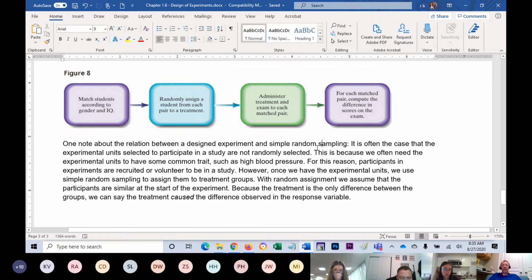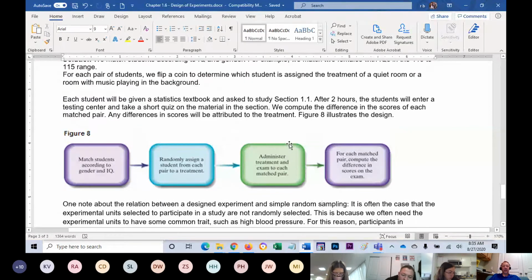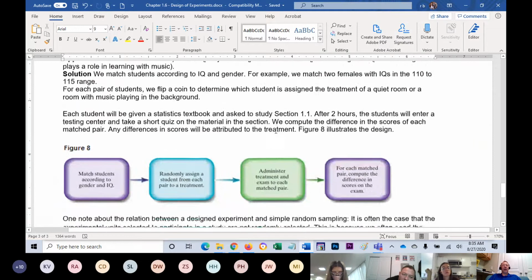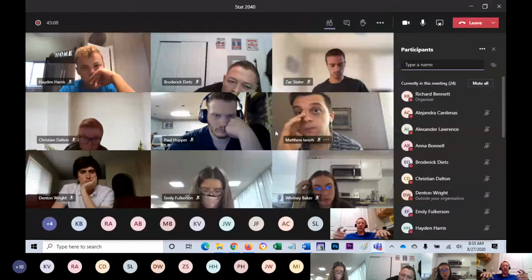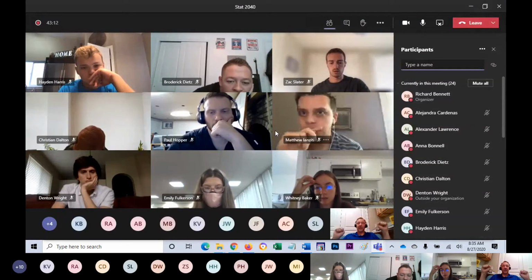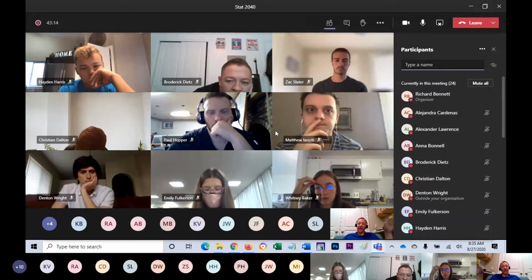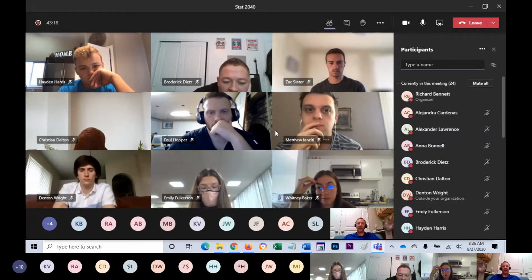Now, another thing that I want to mention here, chapter 1 is really kind of the foundation for the rest of the class. One of the hardest parts about this class is I'm going to give you, and I don't think this is an exaggeration, about 15 different hypothesis tests and confidence intervals, okay?